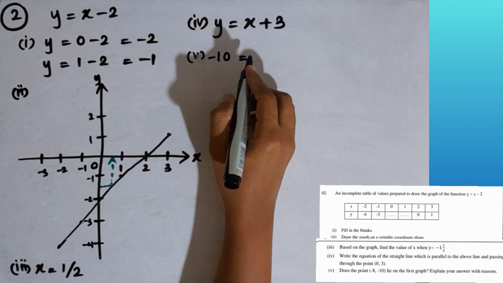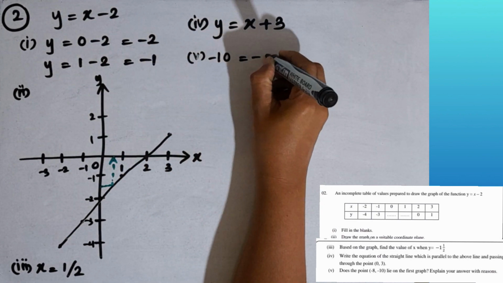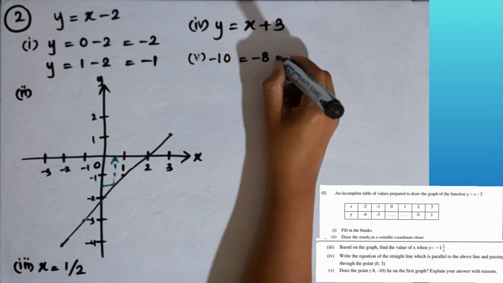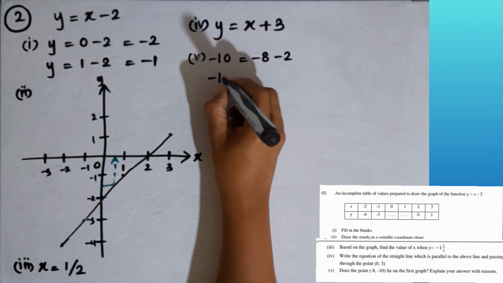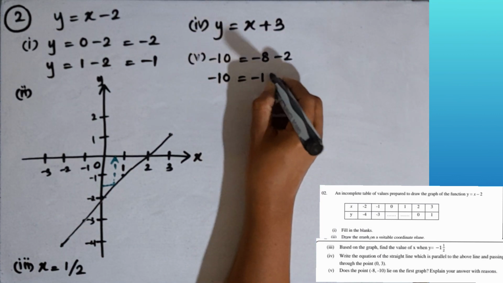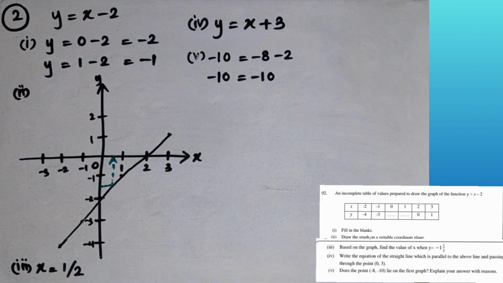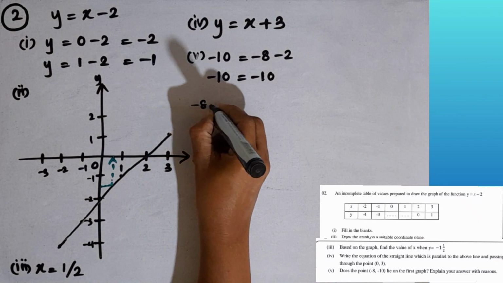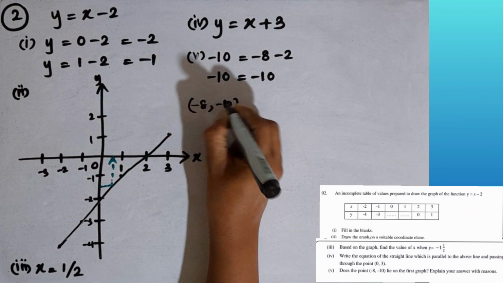Then x coordinate is minus 8. Minus 8, then minus 2. Then what happens? The left hand side is equal to the right hand side. Because of that, this point minus 8, comma minus 10 lies on the graph.